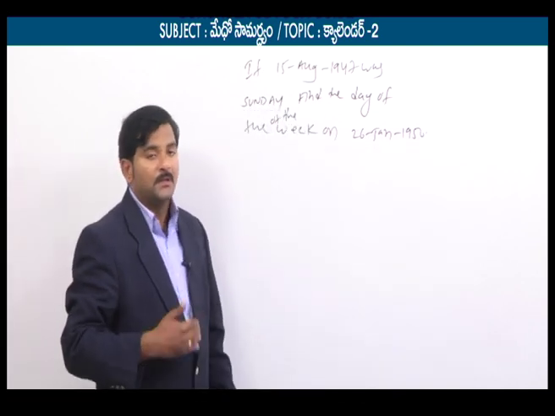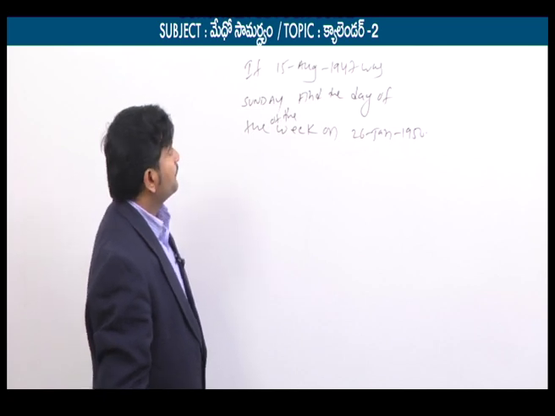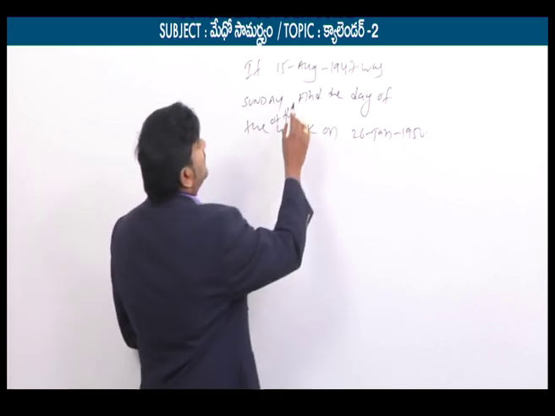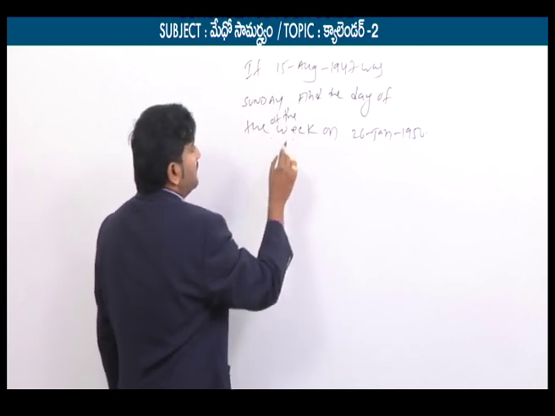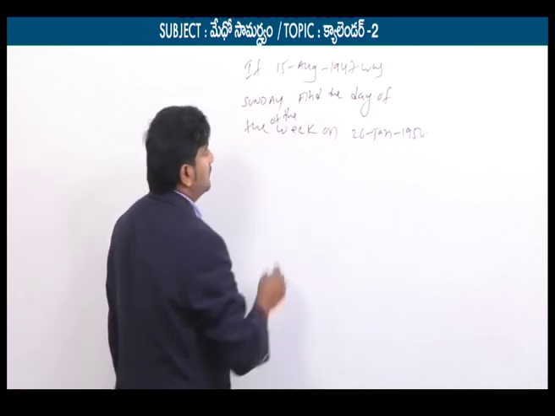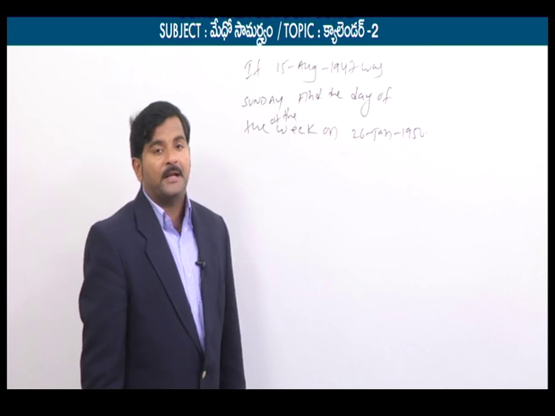Same type of question in that model. Question is what? If 15th August 1947 was Sunday, then find the day of the week on 26th January 1950.